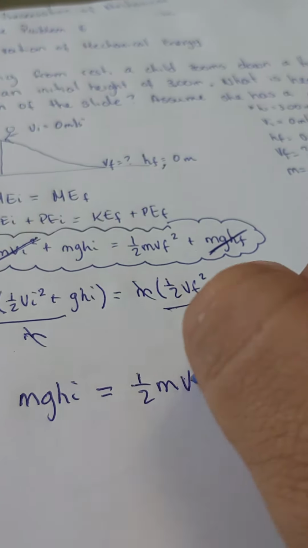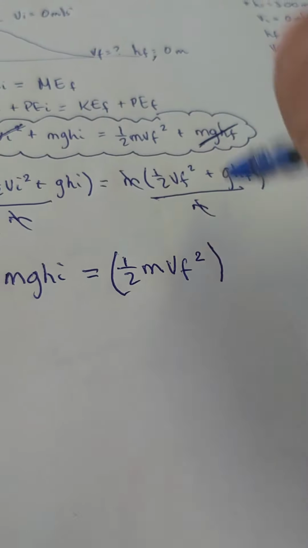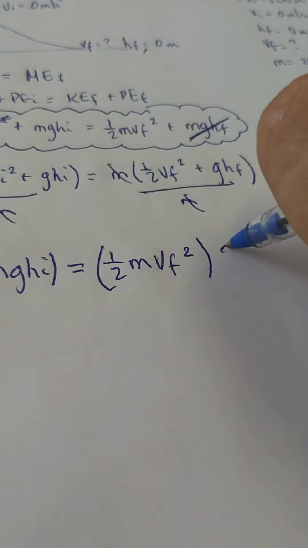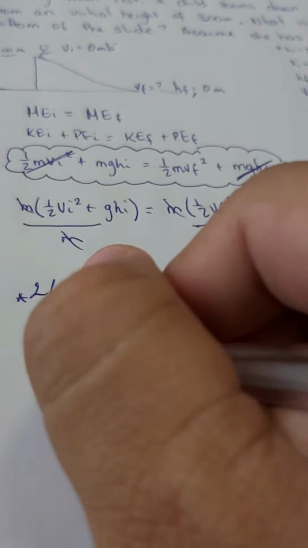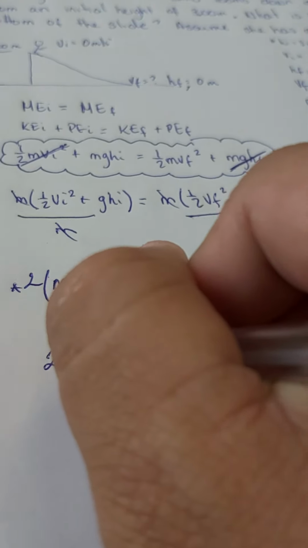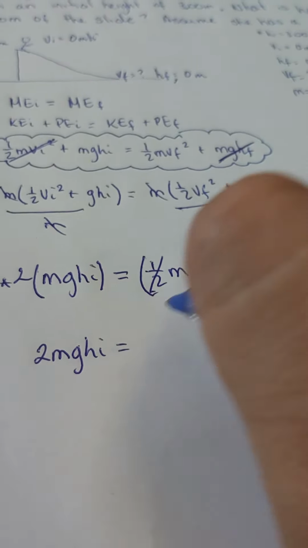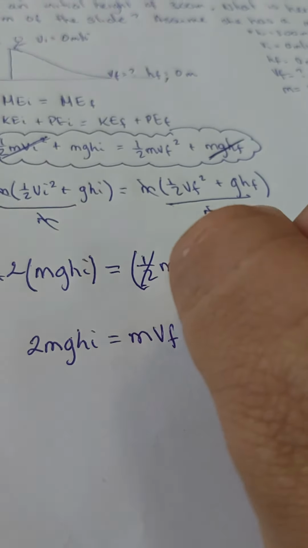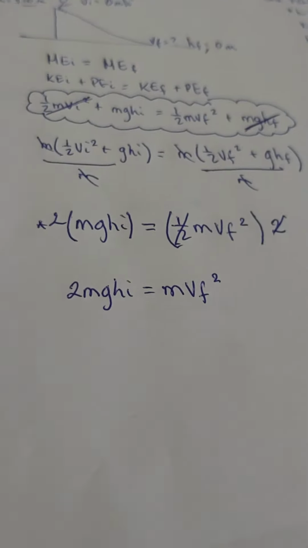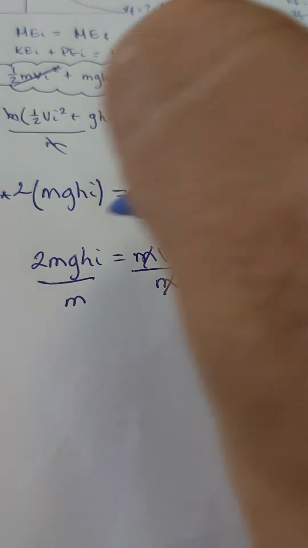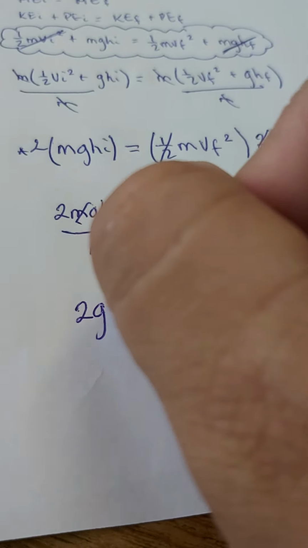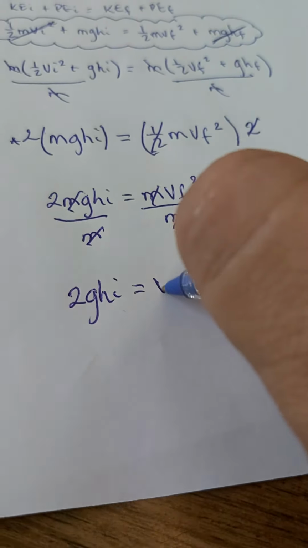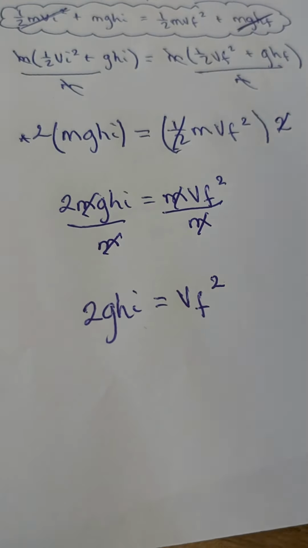So let's solve for final velocity. First, we multiply both sides of the equation by 2, and we get 2 times mass times gravity times initial height equals mass times final velocity squared. Now we divide by mass. Notice we cancel mass. We didn't need the mass. And we get 2 times gravity times initial height equals final velocity squared.